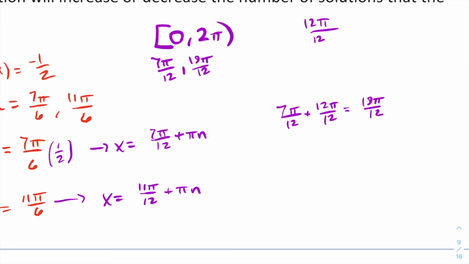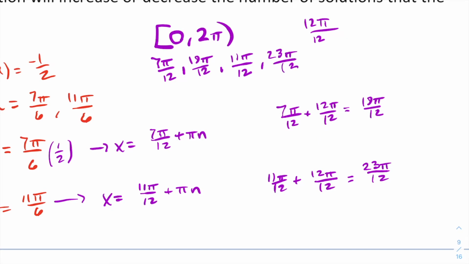So let's do the same thing down here. We have 11 pi over 12, and we add 12 pi over 12. That'll get us 23 pi over 12, and that's just a hair below 2. 23 over 12 is about 1.92 pi, so if we added another 12 pi over 12, that'd be too big. So your final answers here are 11 pi over 12, and the additional 23 pi over 12.